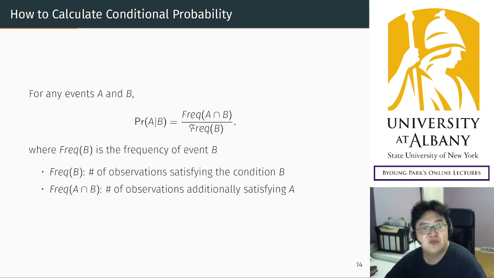And then, as a formula, the explanation so far should be enough, but textbooks usually give you a more dry formula, and it looks like this: the probability of A given B can be calculated as the frequency of A intersection B divided by the frequency of B. Remember, the denominator is the pool, or the condition, the number of observations that satisfy B, and in the numerator, in addition to B, A should happen at the same time, right?